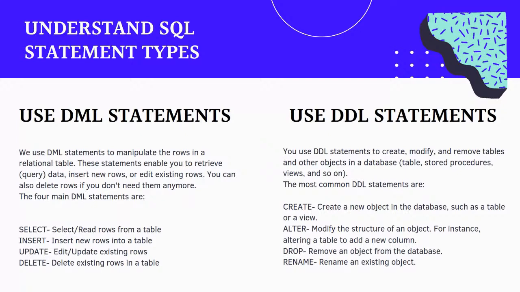We can drop our whole table by using the drop command. Then we have the rename command. The rename command is used to rename an existing object, like any existing table that we have in our database.